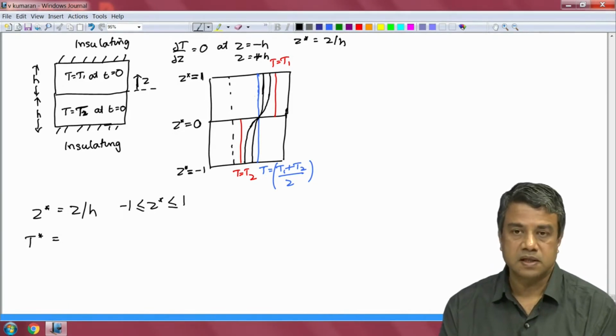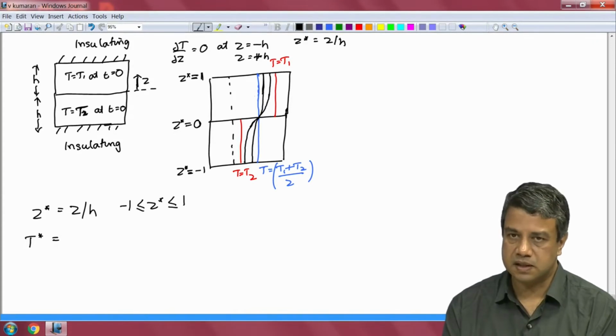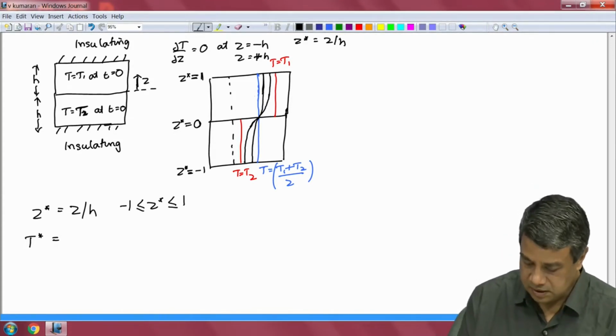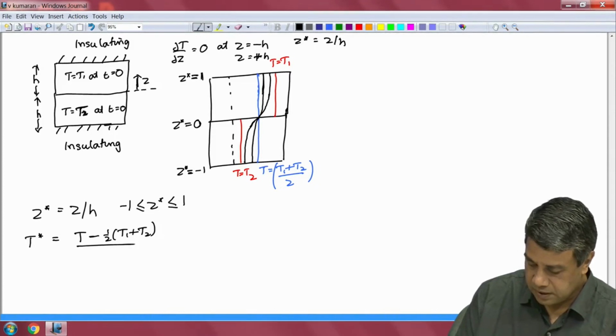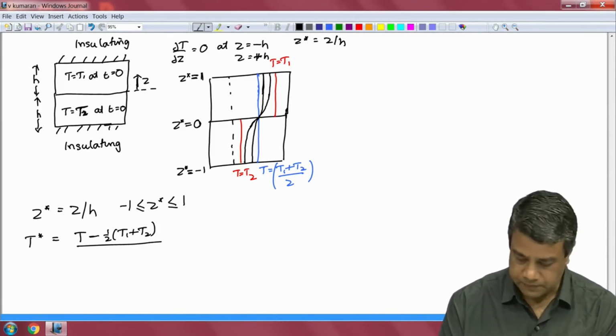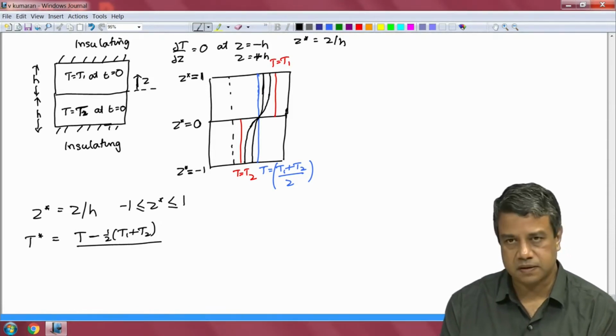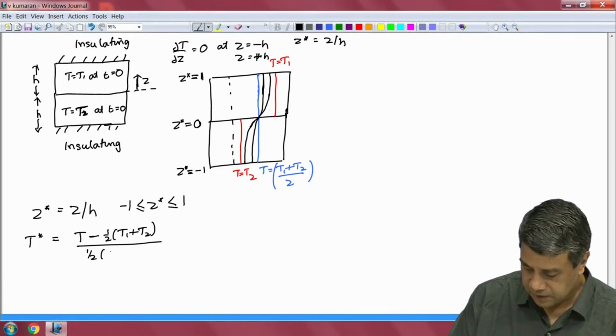In this particular case, the steady temperature is just a constant. So, I can subtract out that constant value, and divide throughout by the difference, half of T1 minus T2.